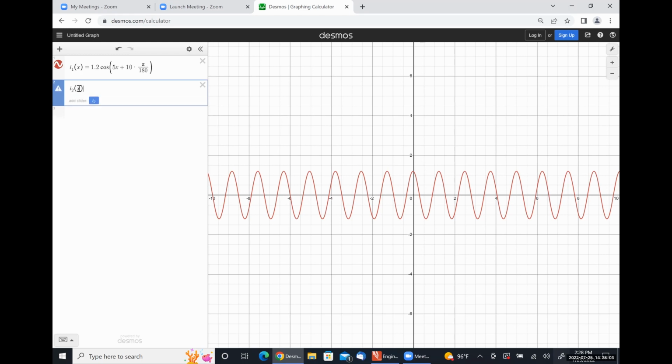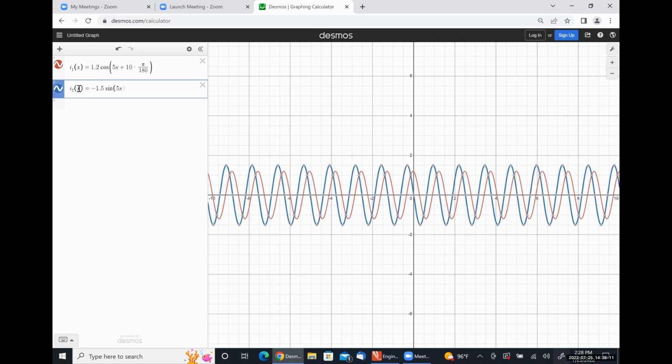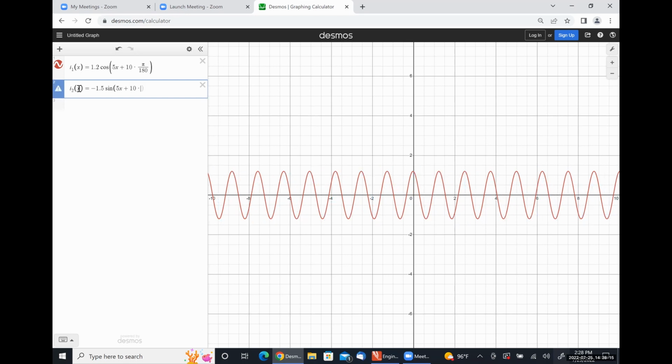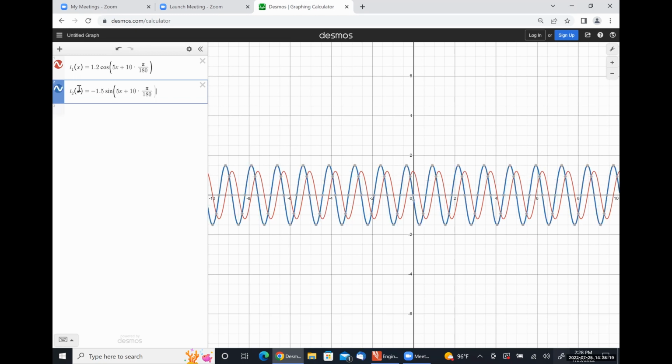I2 of x is negative 1.5 sine 5x plus 10 degrees. Again, I'm going to multiply by pi and divide by 180. And that's what our capacitor current looks like.